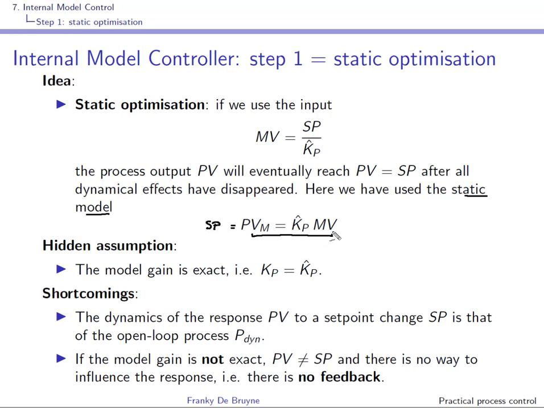You can achieve this by taking a manipulated value, an input MV, that is the set point divided by the static gain. Of course, your information of the process is based on a model, so it will be the static gain of the model. So you can see that there is a hidden assumption, that this model gain is exact, that you assume that Kp, the actual gain, is the gain of the model.